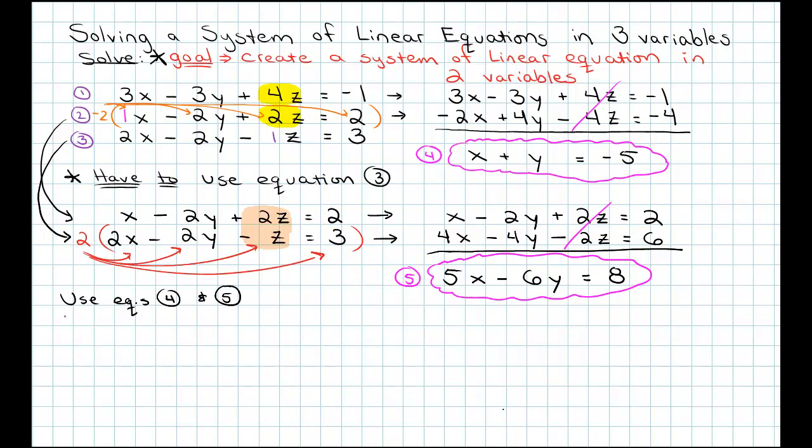And you can choose to use substitution or elimination method. Okay, it's your choice.